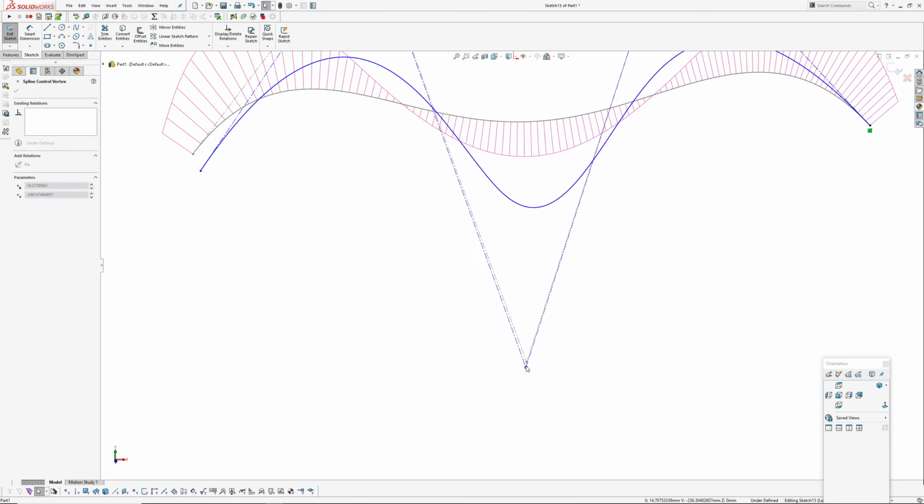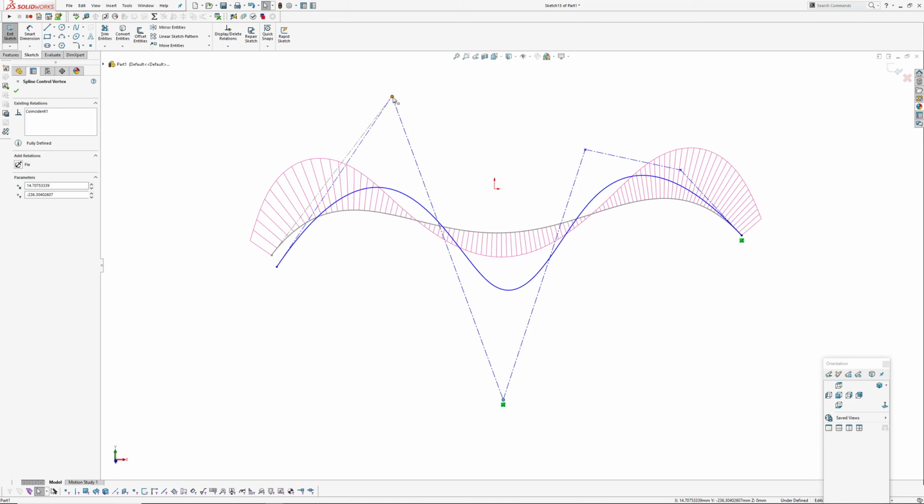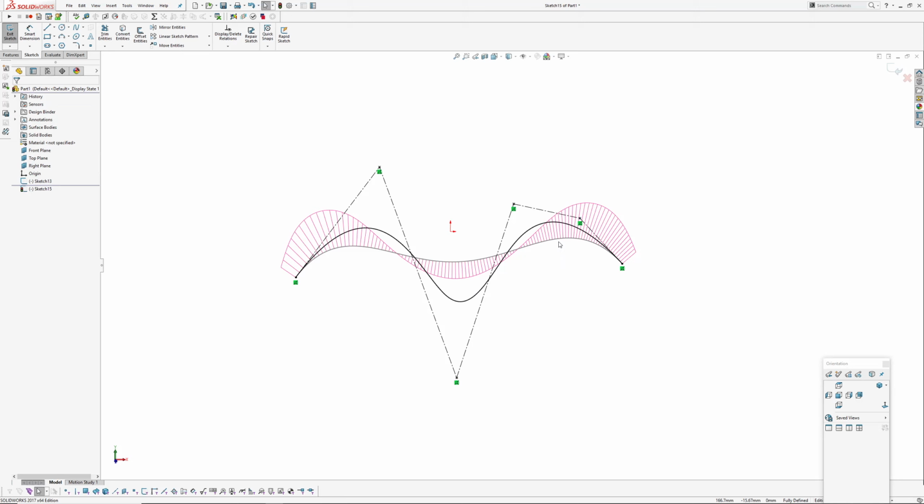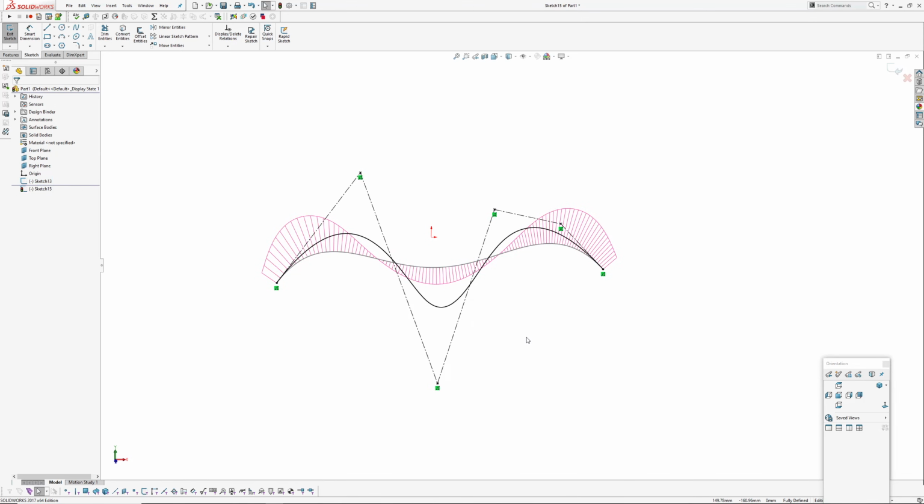And I'll make the points coincident to the control polygon on the single span curve. Okay, now what you can notice there is the curves are quite vastly different.